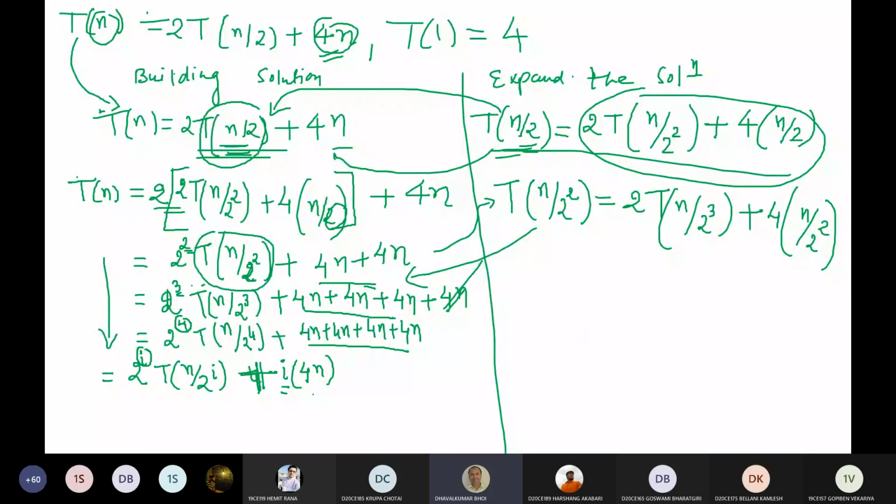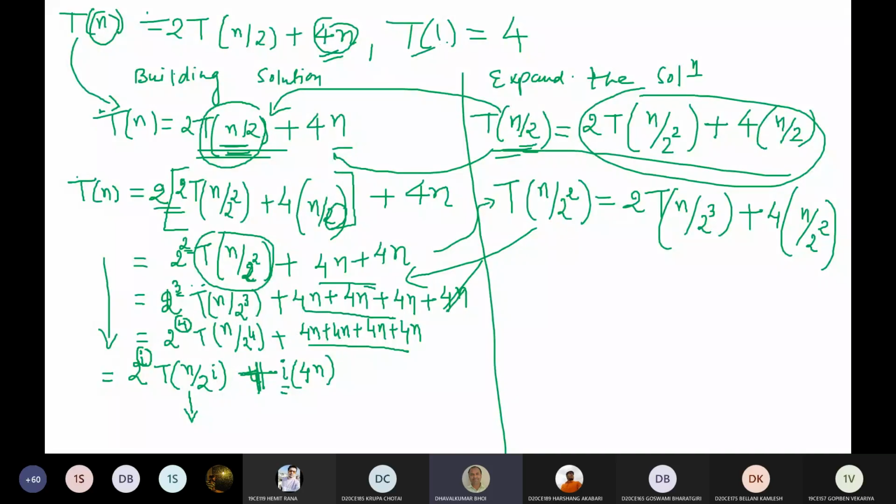I hope this is clear, students? And this procedure will be repeated till we reach the base condition.